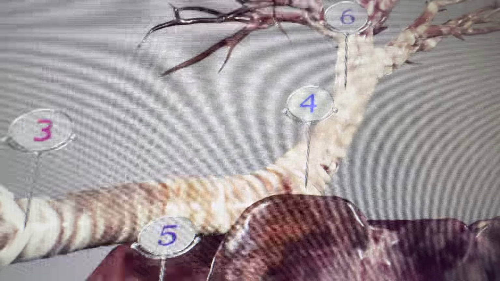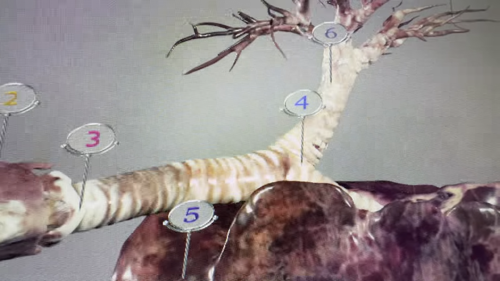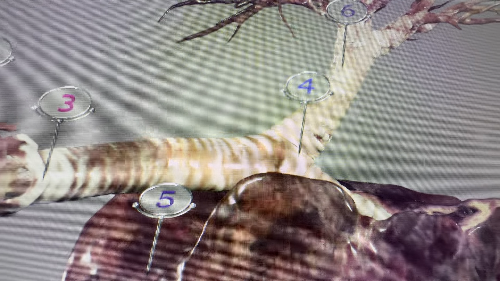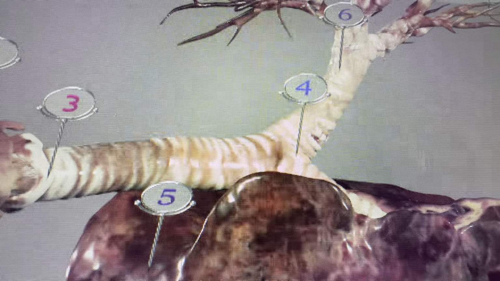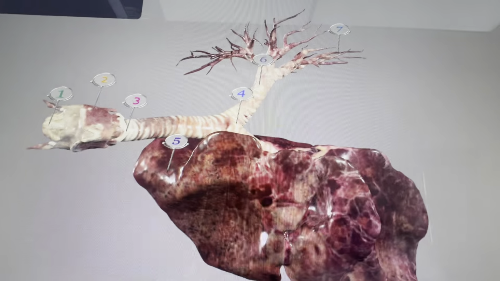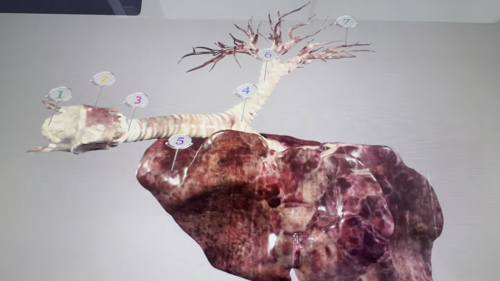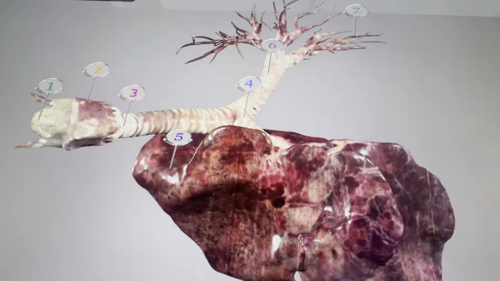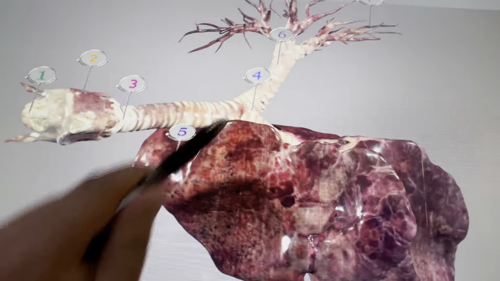This, of course, is your trachea. So number 4 is called the bifurcation. What is another name for number 4? That is called your carina or bifurcation. Number 6, when I'm looking at it totally, is that right or left main stem bronchus or right or left terminal bronchus? Not terminal, primary.